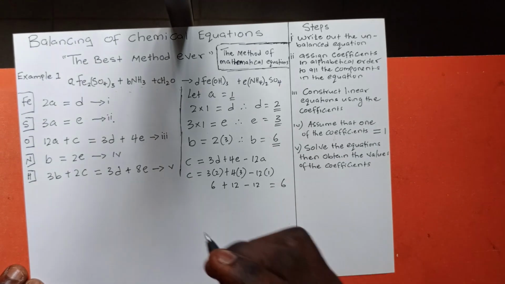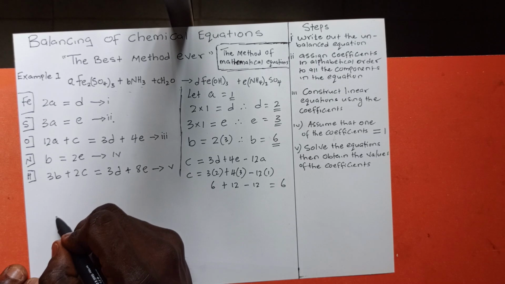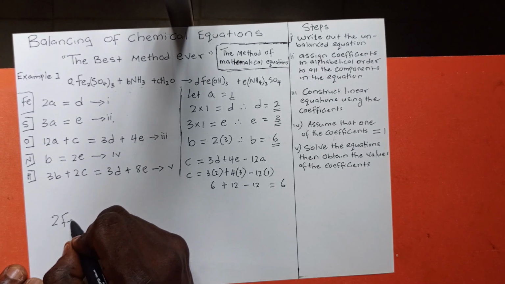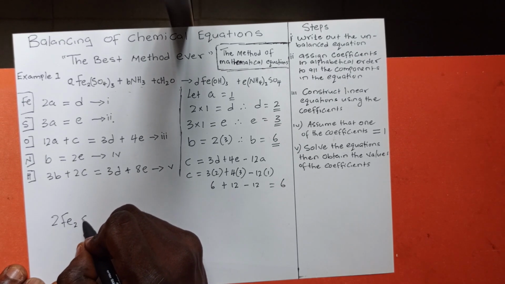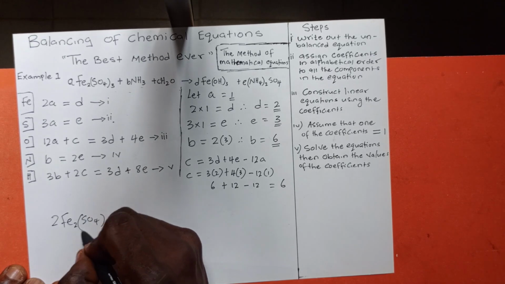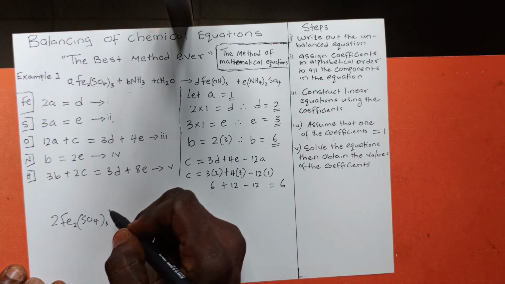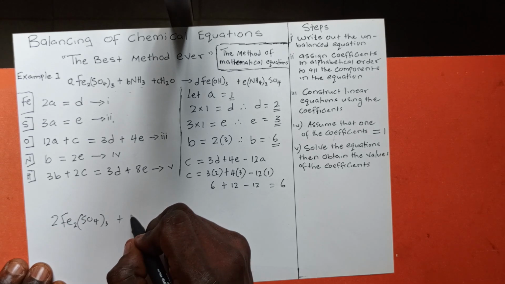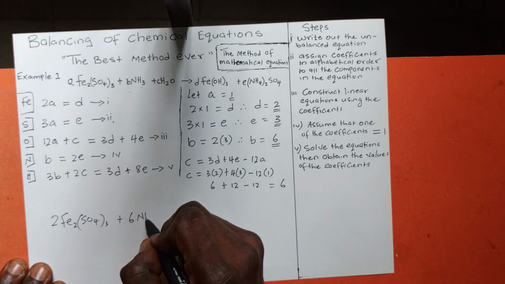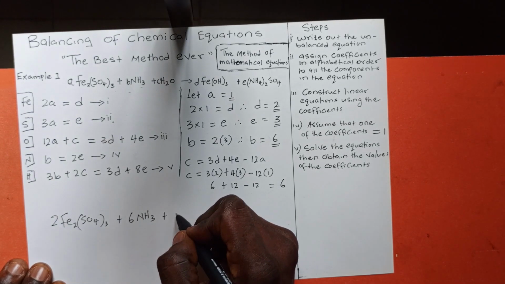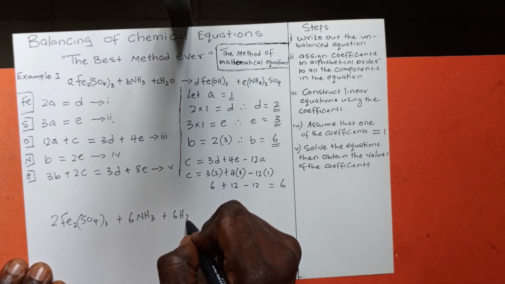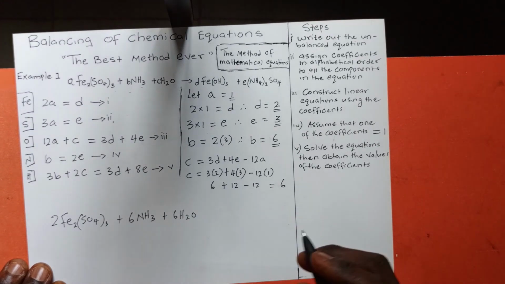Hence, we now have 2 moles of Fe2(SO4)3 plus B is equal to 6, so 6NH3 plus 6H2O, because my C is also equal to 6.